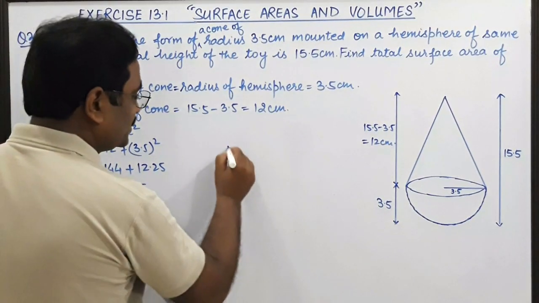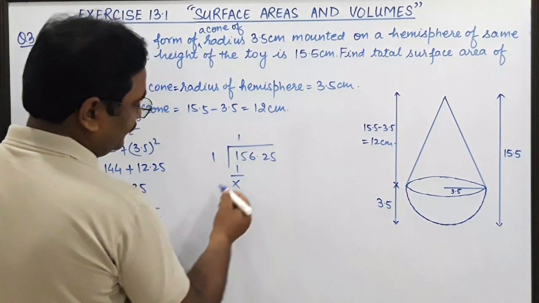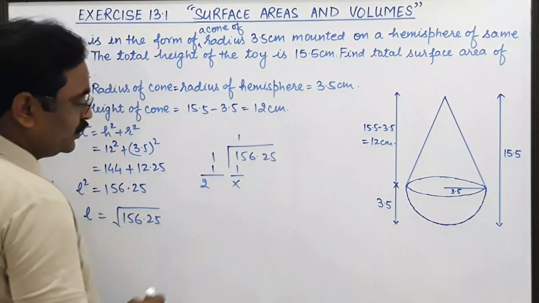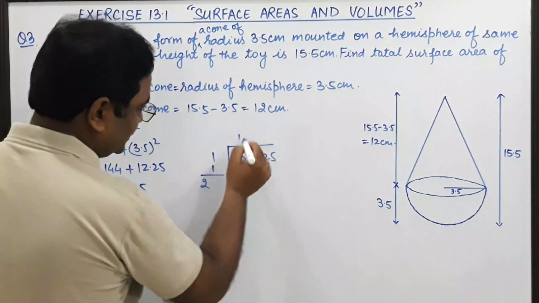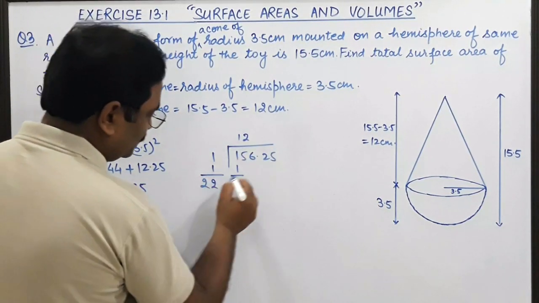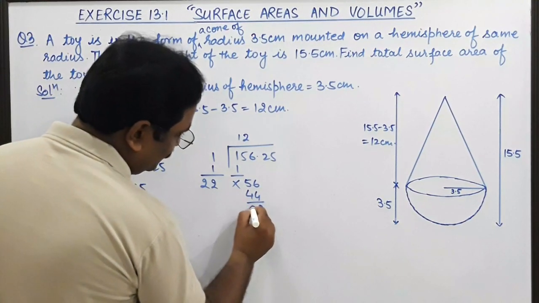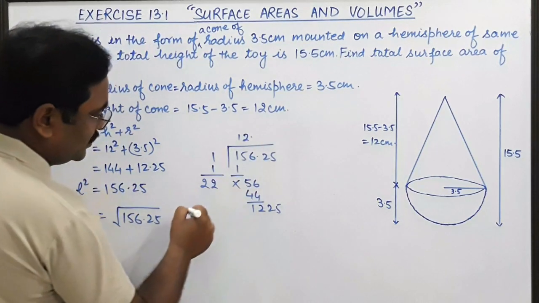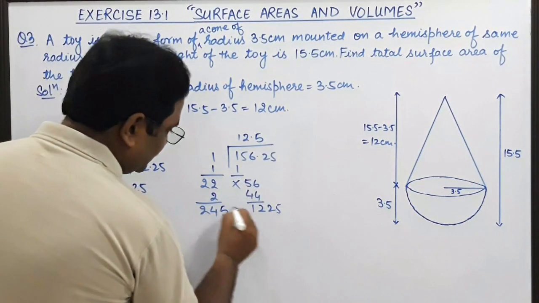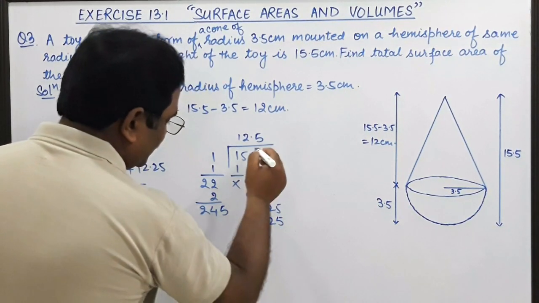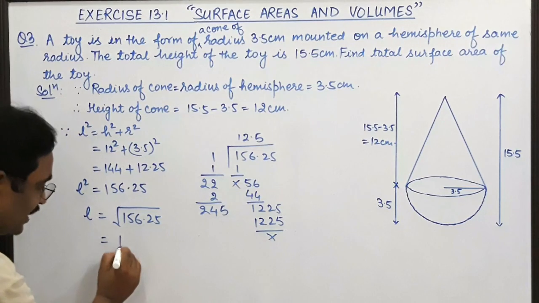Let's find the square root of 156.25. 1 times 1 is 1, then 2 2s are 4, 2 3s are 6, and continuing the long division step by step, we get the square root as 12.5 centimeter.